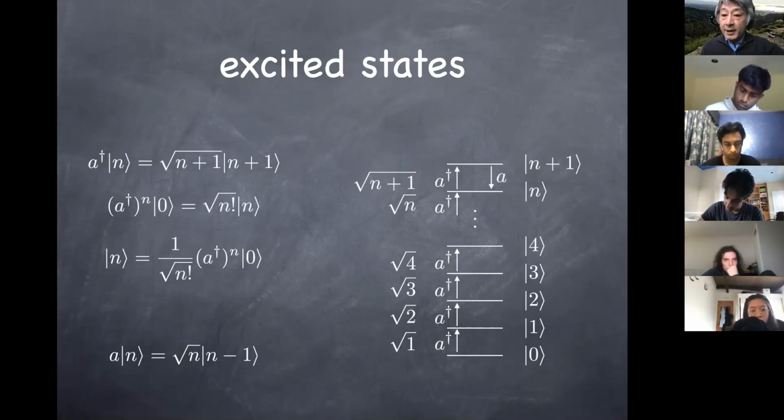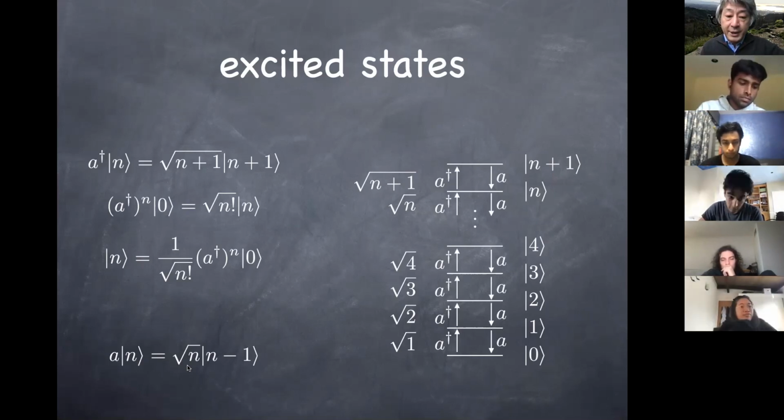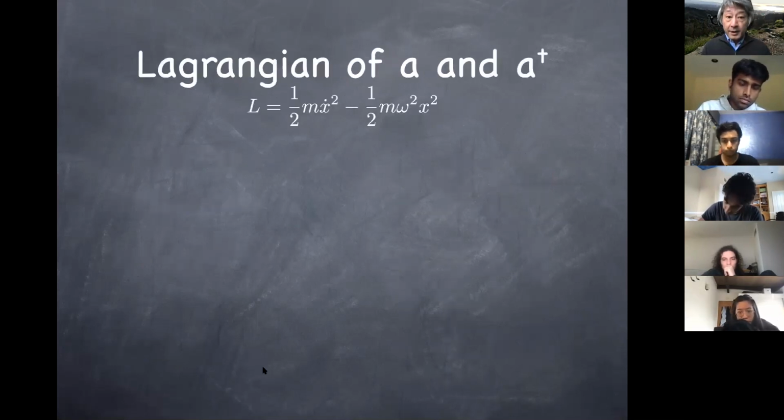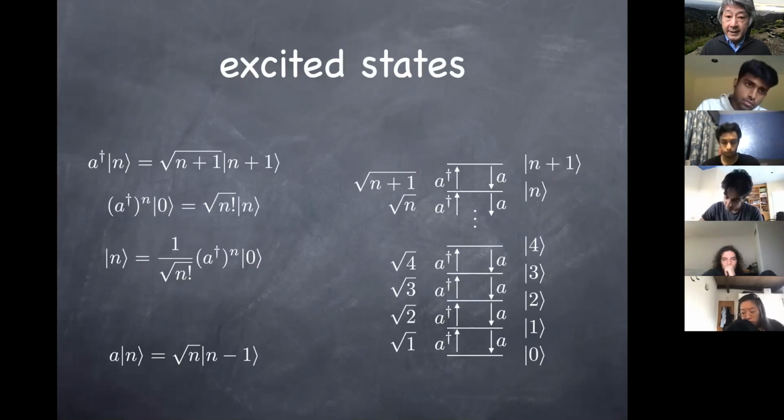So a would keep lowering this state, eventually getting down to the ground state 0. And then you cannot go any further because a acting on 0, as we just discussed on the previous slide, gives you 0. So there is no state minus 1 to worry about.